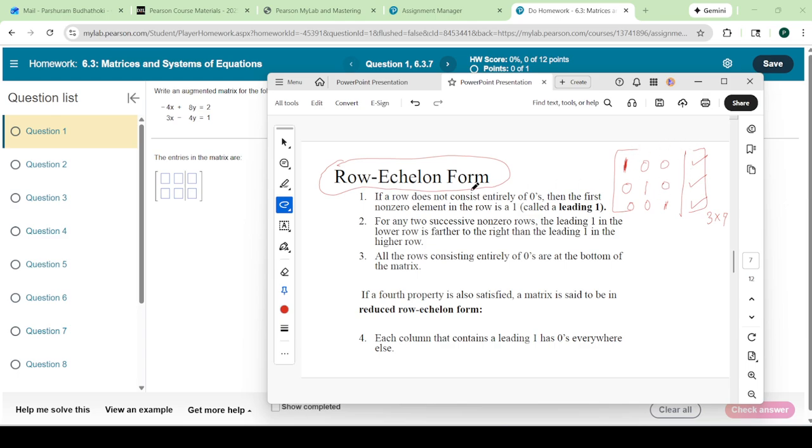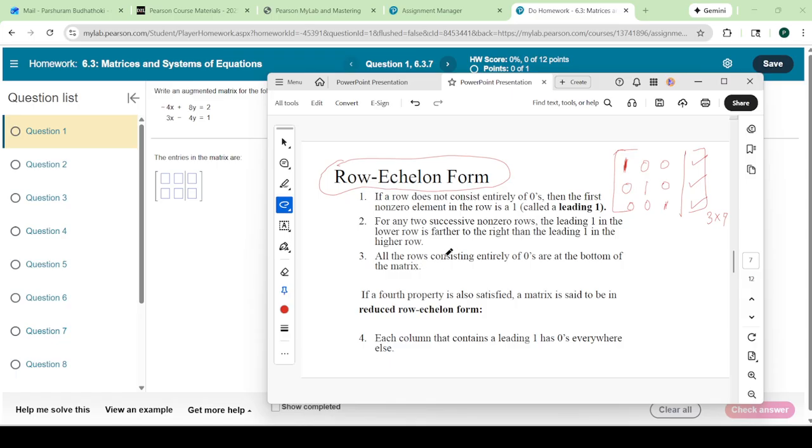So if you are dealing with a 3 by 4 matrix, this is the row echelon form. In general, if a row does not consist entirely of zeros, then the first non-zero element in the row is supposed to be 1, the leading one. For any two successive non-zero rows, the leading one in the lower row is farther to the right. Look here, this one is farther to the right.